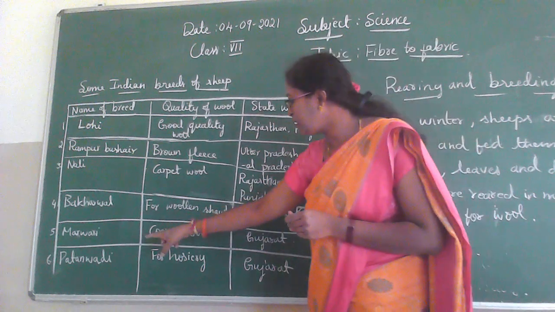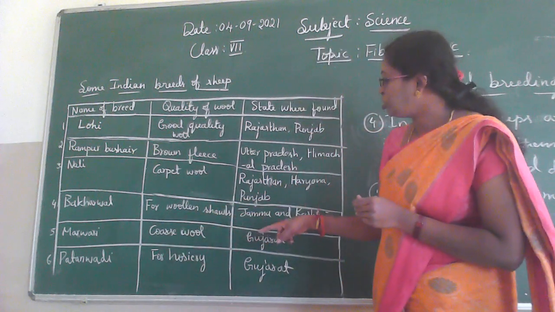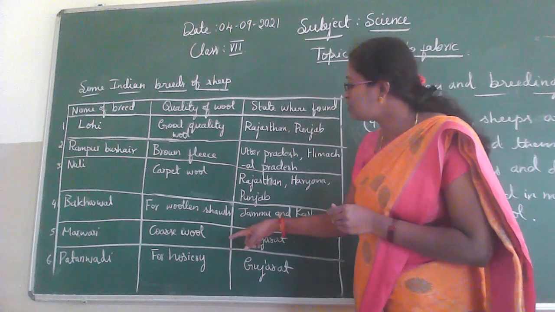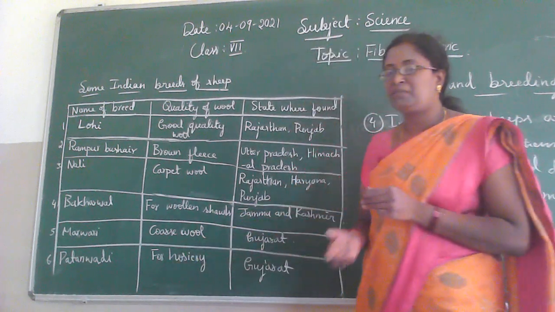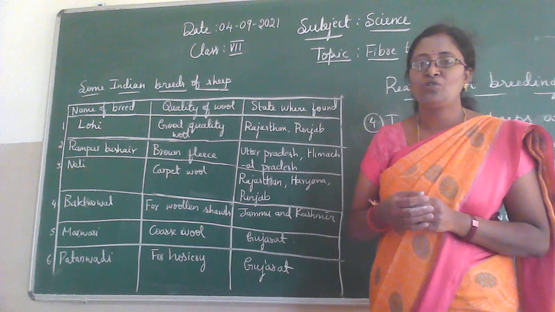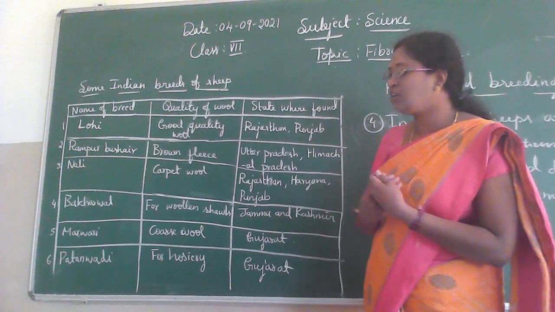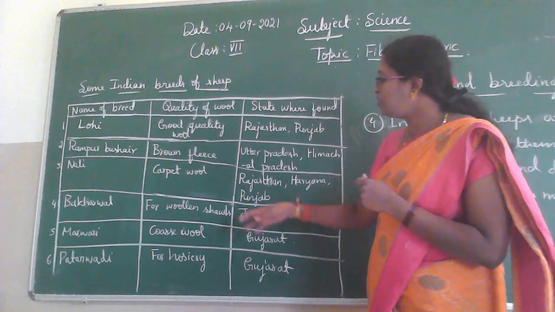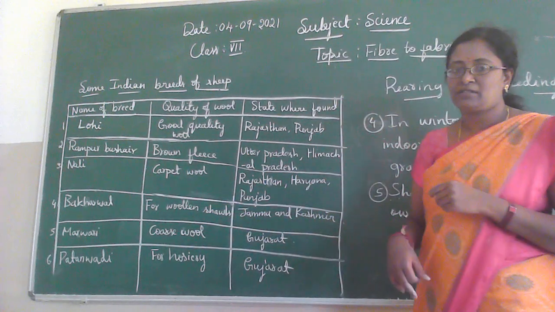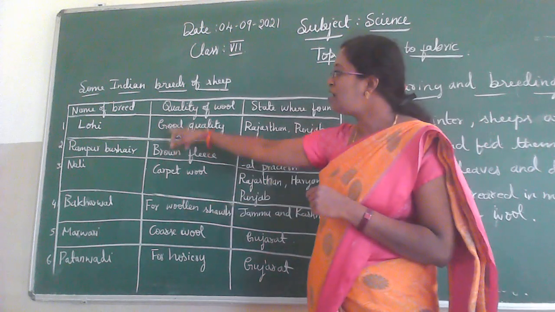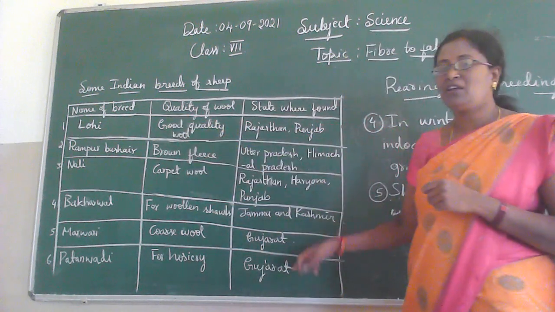Yes, Patanwadi breed of sheep. So what is the quality of this wool? It is used for hosiery. It means it is used to make knitted garments. In which state is this one found? Patanwadi is found in Gujarat. Patanwadi is a sheep breed. It is found in Gujarat.